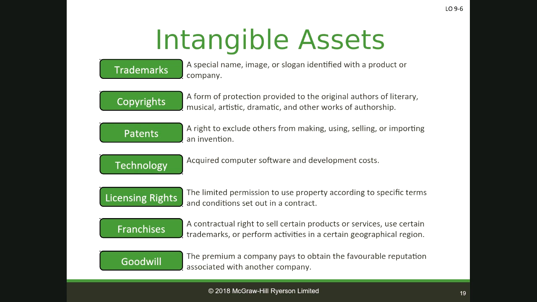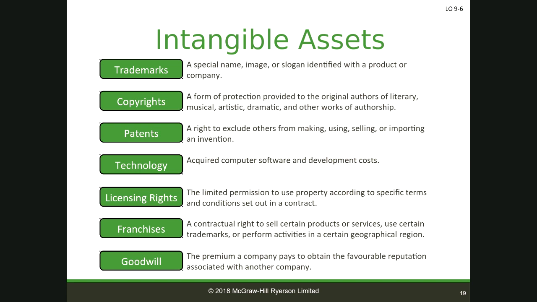And then there could be other unique types of assets where the value is derived from the author of the work. Copyrights, of course, are well protected generally. Companies cannot directly steal a copyright from another company. They can purchase the copyright, but you're not supposed to steal it.